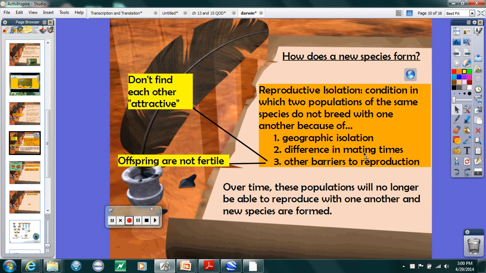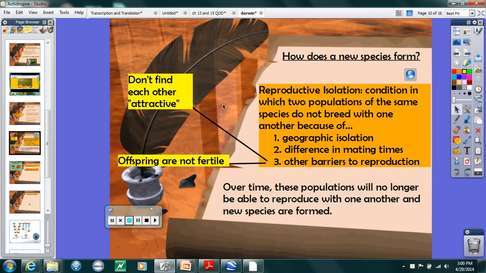So the first one being separated maybe by a river, by a mountain, maybe a flood could have taken place, but they are geographically isolated, thus they can't reproduce. Difference in mating times, or they get isolated from some other barrier to reproduction, such as not finding one another attractive or producing offspring that are not fertile or unable to produce offspring themselves.